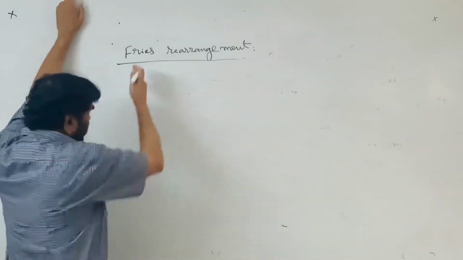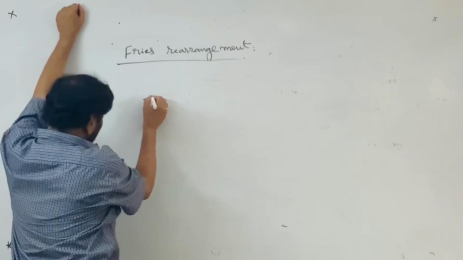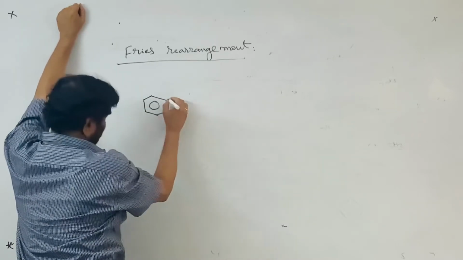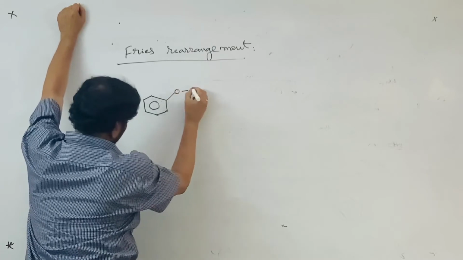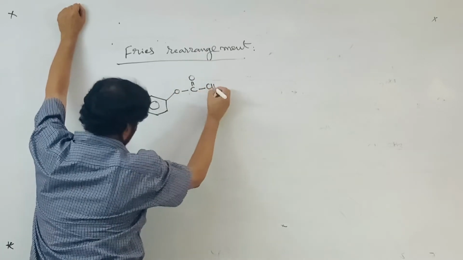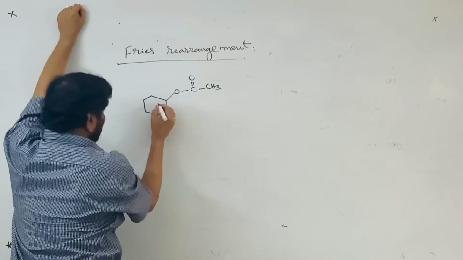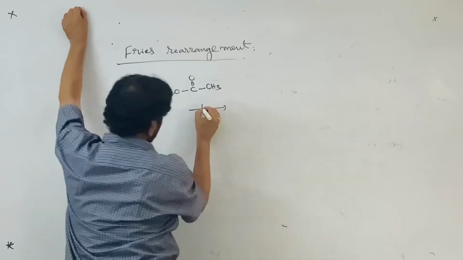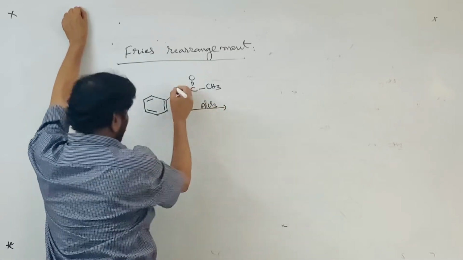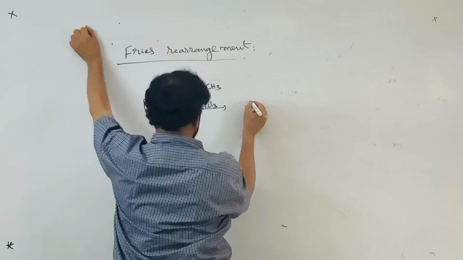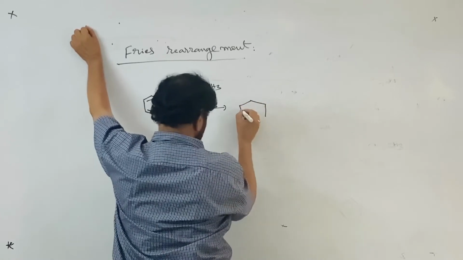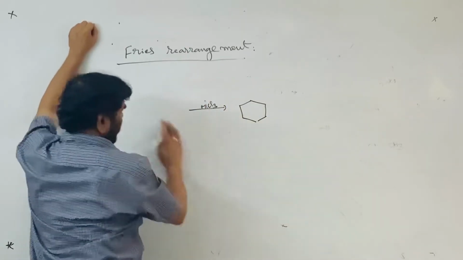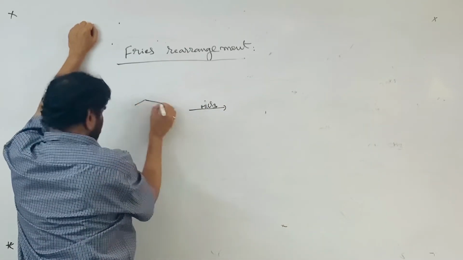Let me take phenyl acetate to show the mechanism. The pi bond location is important. AlCl3 coordinates with it. It will be convenient to write the mechanism if I take this group here.